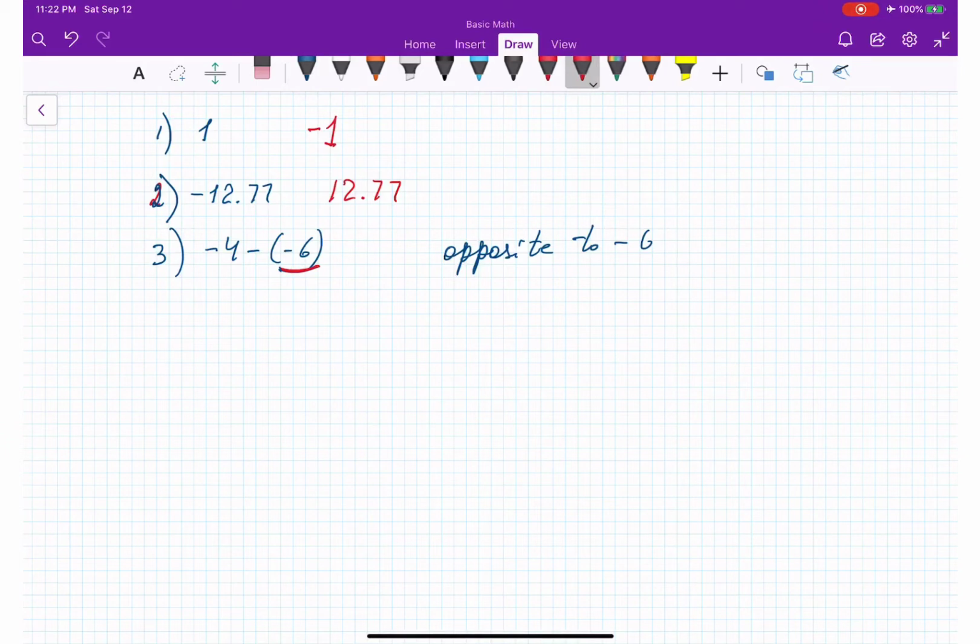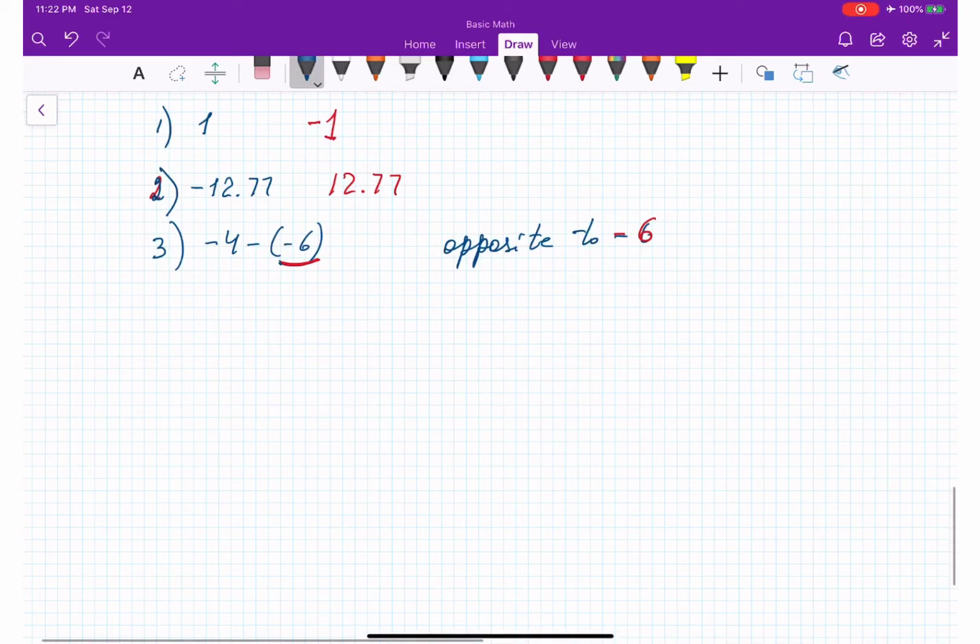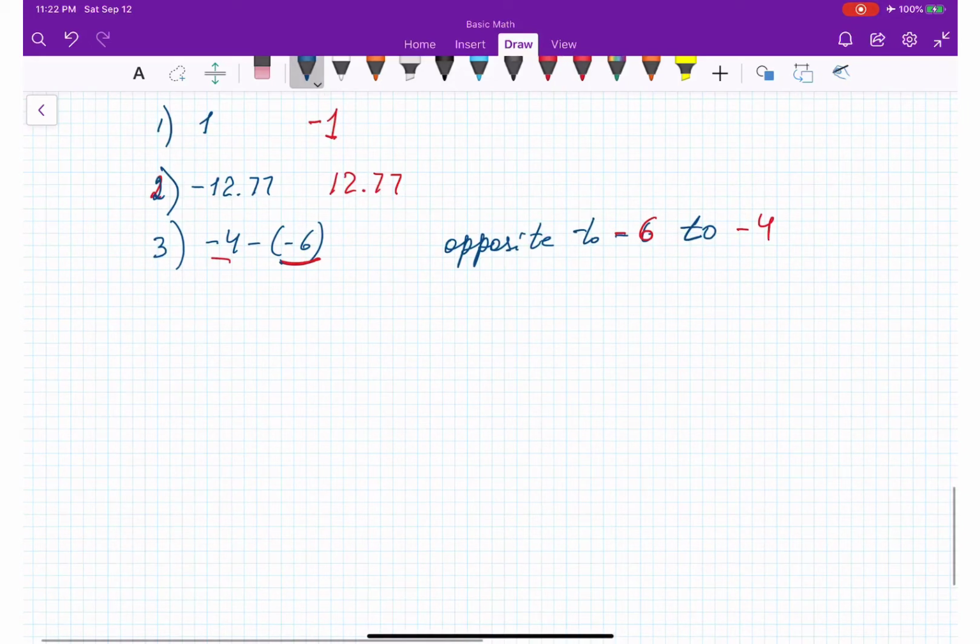The opposite of -6 to -4, this -4, to get number 2. So you just have to describe it like that.